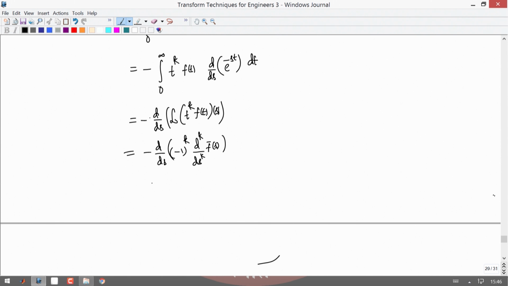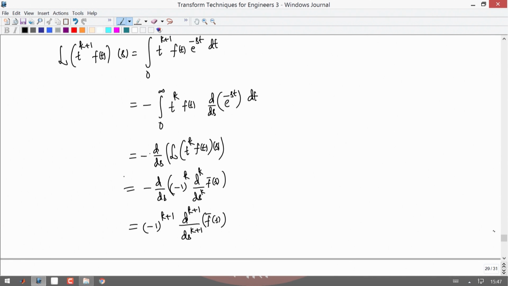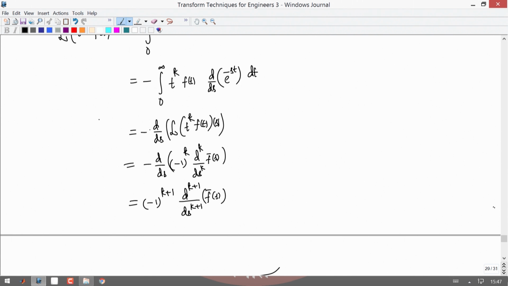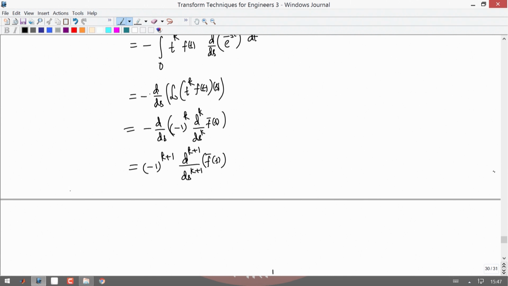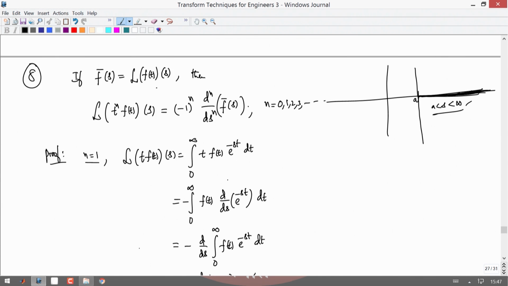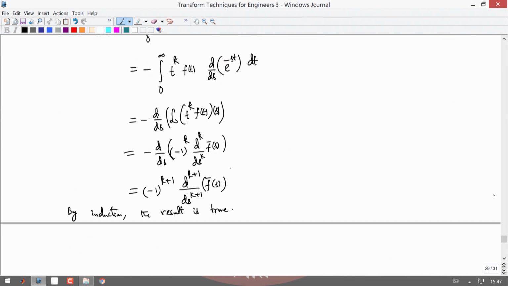This is equal to minus 1 power k plus 1 times the k plus 1 derivatives of f bar of s. So, this is exactly what is true. If the result is true for n equal to k, it is true for n equal to k plus 1. Hence, by induction the result is true. This is another property we use later on when we solve differential equations.